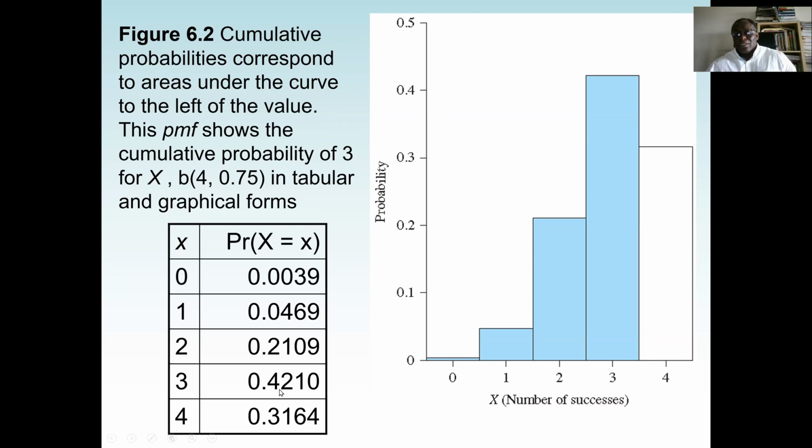Only one value is greater than 3, so my answer will be only 0.3164. Now, if they said greater than or equal to 3, then I'm going to add, so we get a cumulative of 0.4210 plus 0.3164.